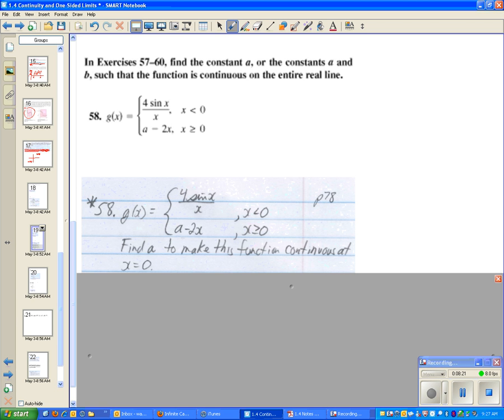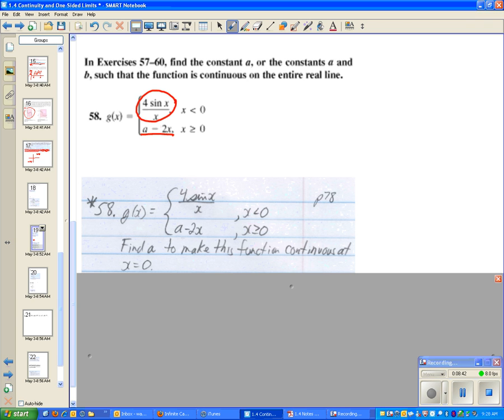It's where they meet or don't, right? The top definition, 4 times the sine of x over x, x cannot equal 0, look at the domain of that, so that function is going to be continuous on its entire domain. And then that's linear, so that's going to be continuous on its domain.